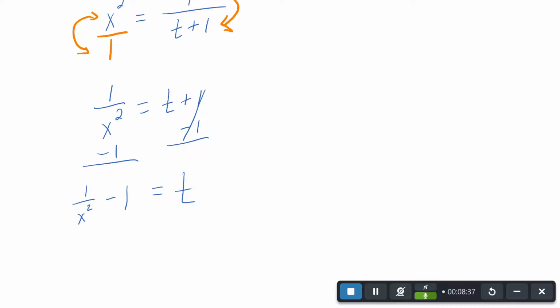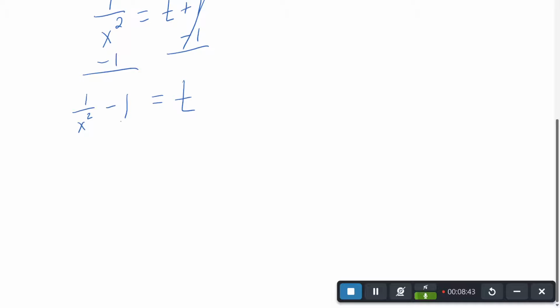If I simplify a little further, just put those two terms together, this would be 1 over x squared minus 1 over 1.